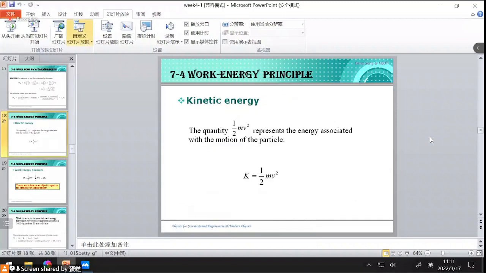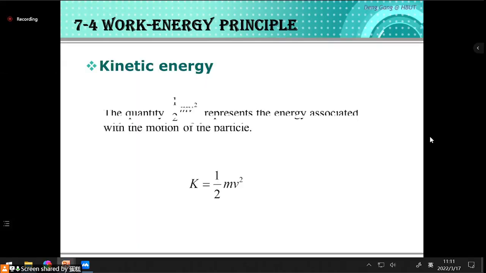So as we mentioned, this half mv square is called kinetic energy, because it's the energy associated with the motion of the particle. So half mv square is called kinetic energy.